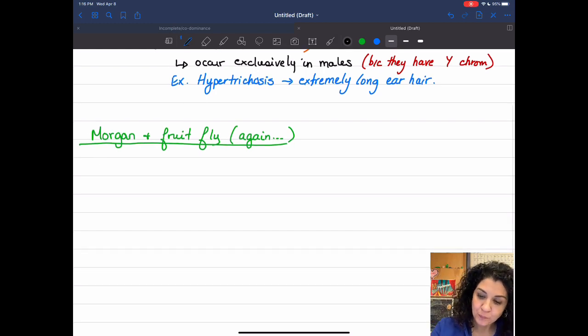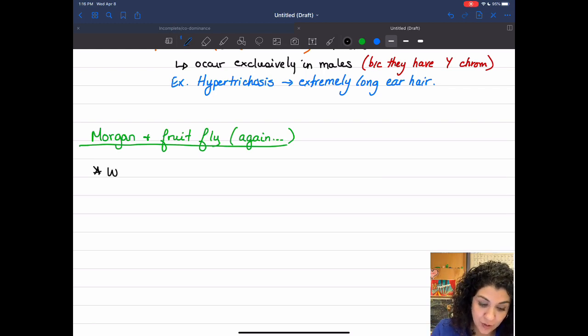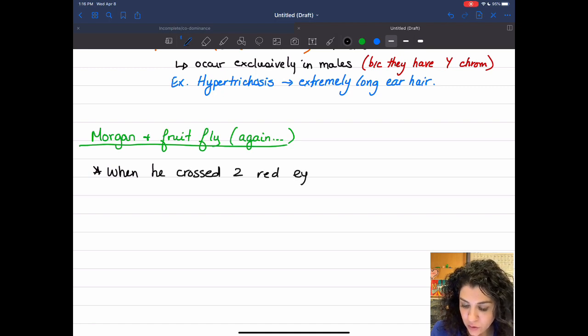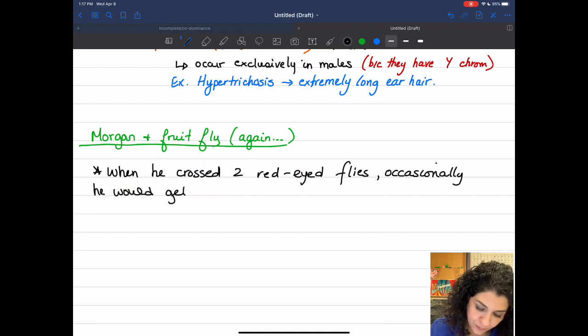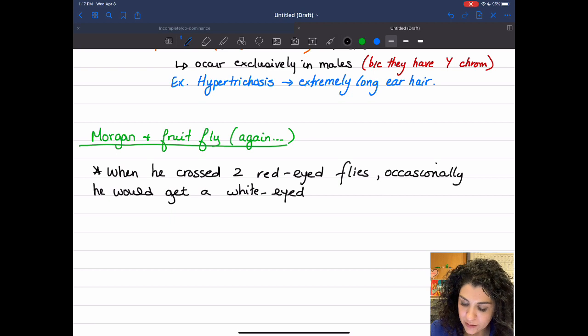So let me summarize that for you. When he crossed two red-eyed flies, occasionally he would get a white-eyed offspring.